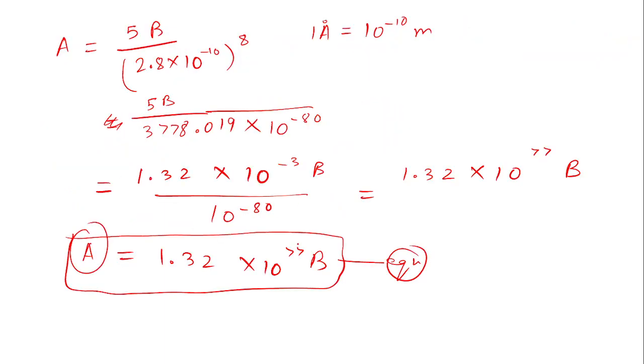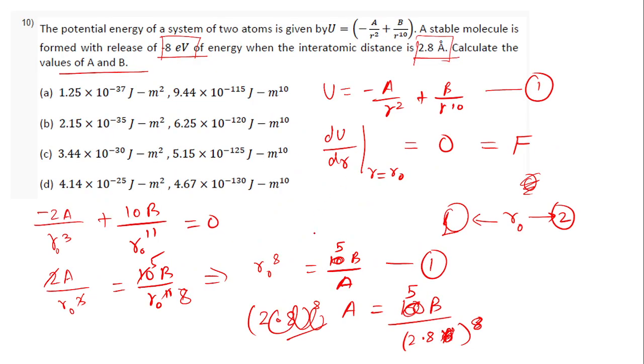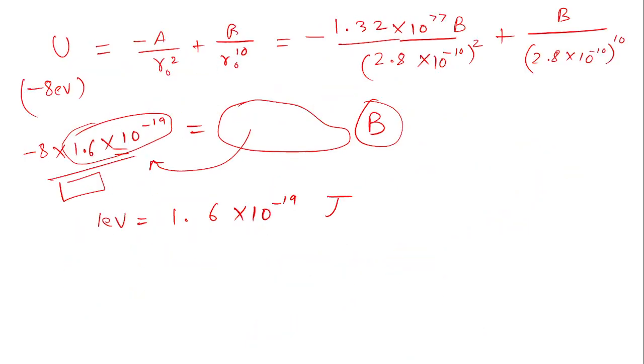When you put it here, we'll get the value of a. I'm just letting you know, the final answer is this, this is the correct answer. So this is the value of a, this is the value of b when you solve this peacefully.